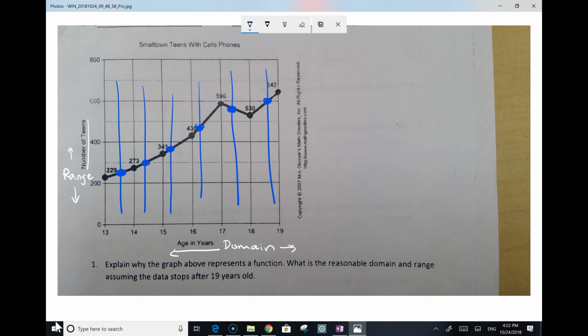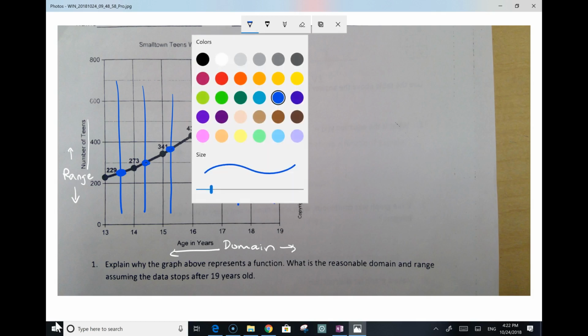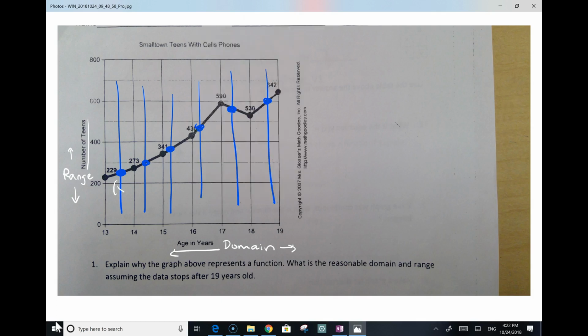Now what this means is that for every input I have, x being here, there's only one output, or y, which corresponds with that particular input. In other words, this location, which I think according to the way I drew this would actually be probably 12.